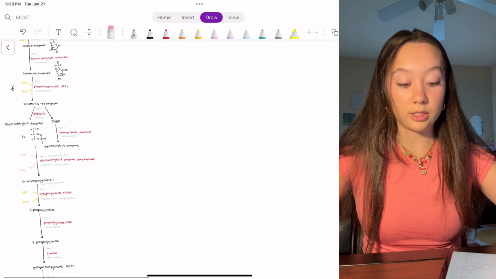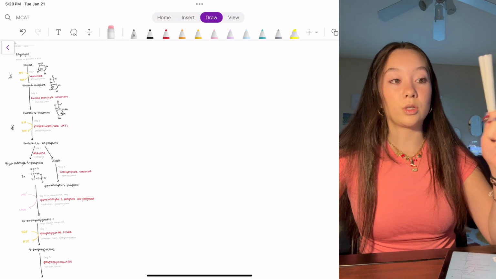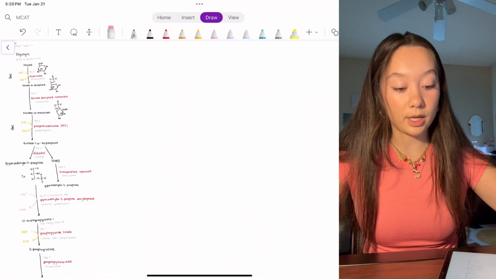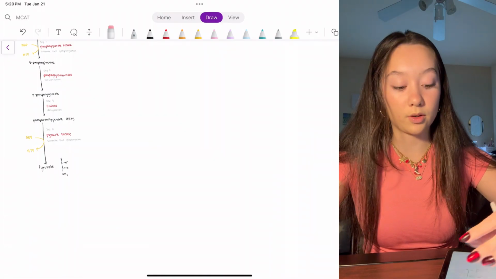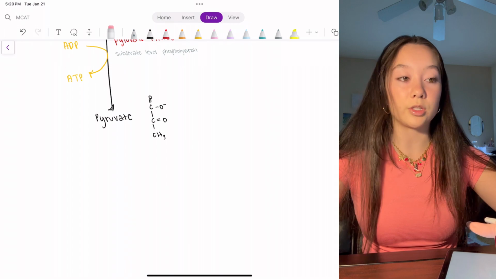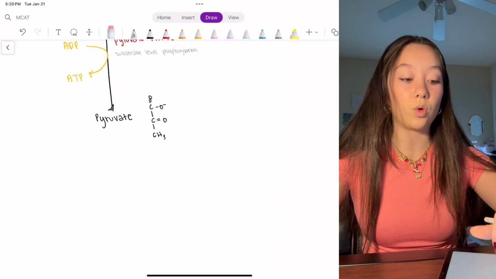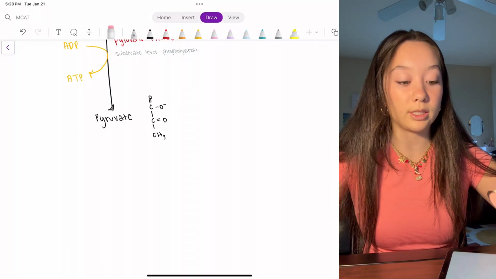This is glycolysis. We will add more on later when we do gluconeogenesis and then Krebs cycle and all of the activators and inhibitors we can add on here too. But pyruvate is kind of our central hub. This is where we're going to start citric acid cycle or anaerobic oxidation and all that, but we will get into that later.